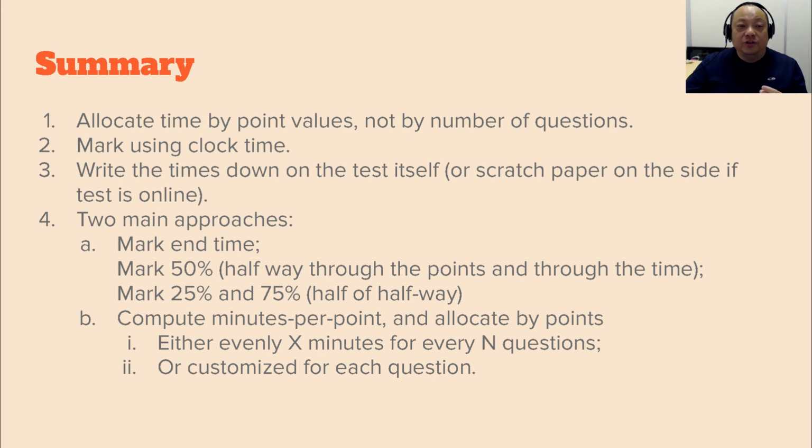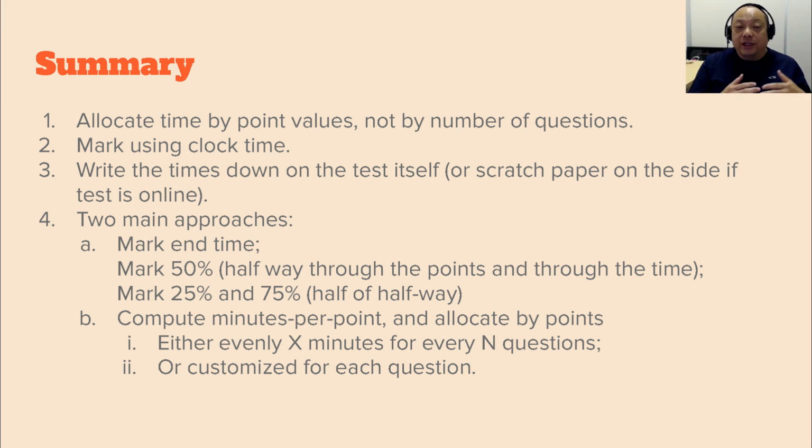There are 2 main approaches. First approach is to mark the end time, mark the 50%, which is half the time and half the point values. Then half of that, which gets us the 25% and 75%, both of the time and the point values. The second approach is to compute minutes per point and allocate by points.